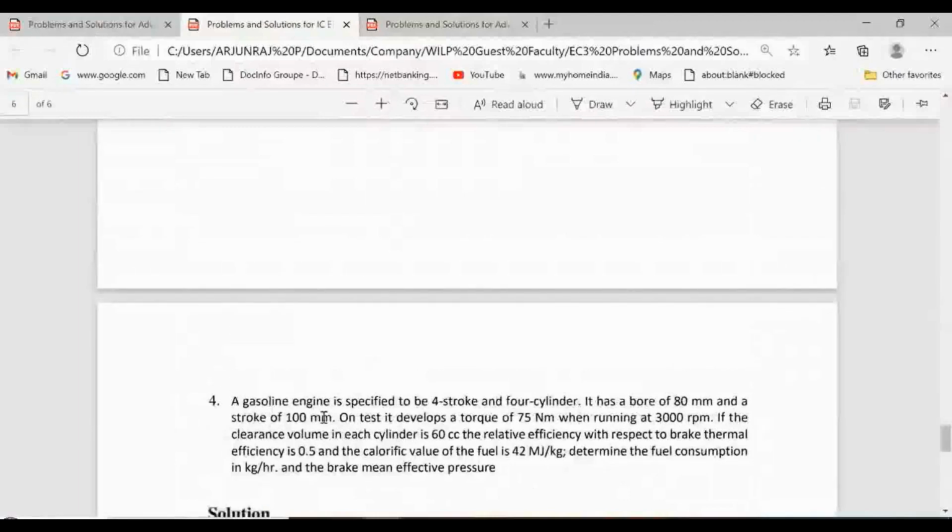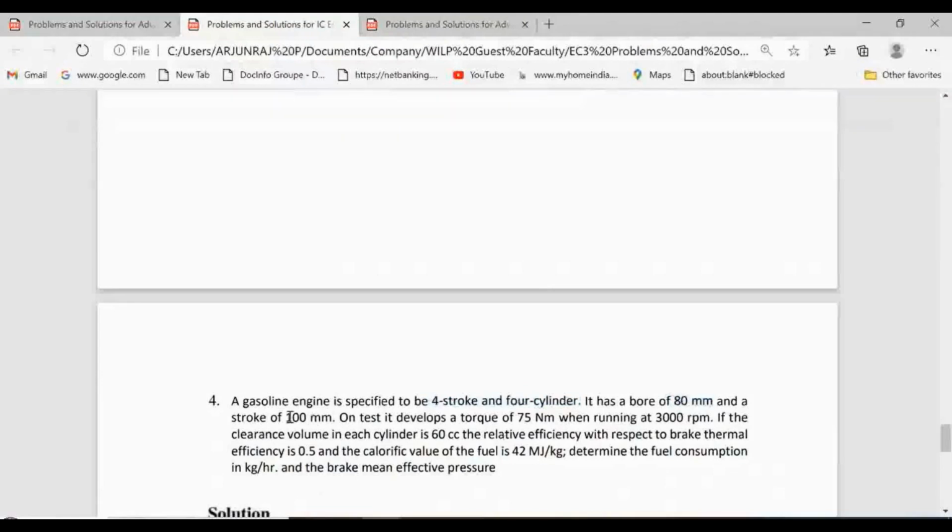So it is again given as a gasoline engine, which is specified to be a 4-stroke and 4-cylinder. You note this down. The bore is 80 mm, and the stroke is 100 mm. On test, it develops a torque of 75 Newton meter, and the RPM N is 3000.